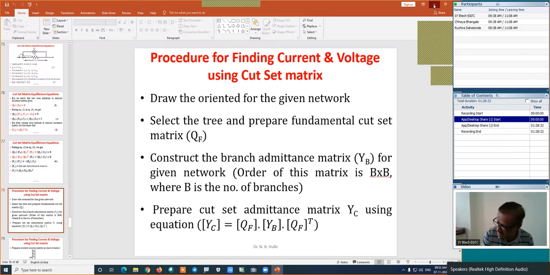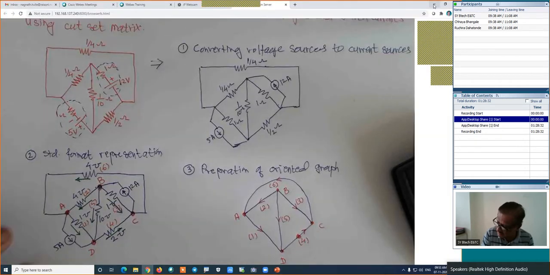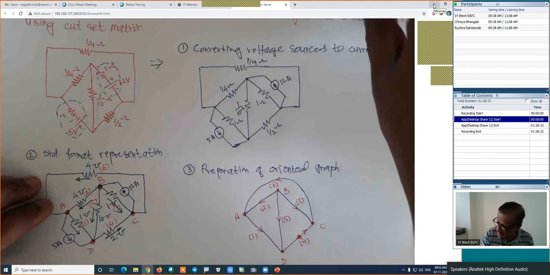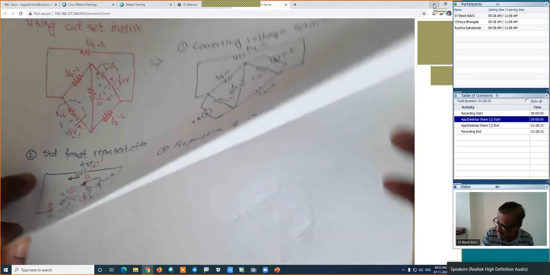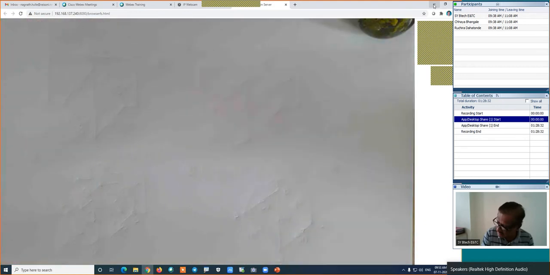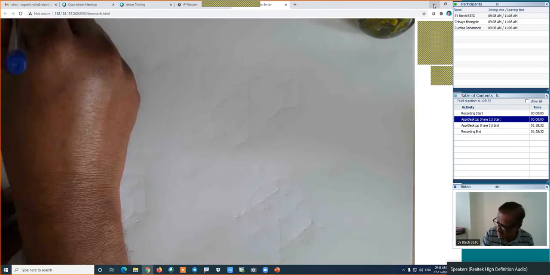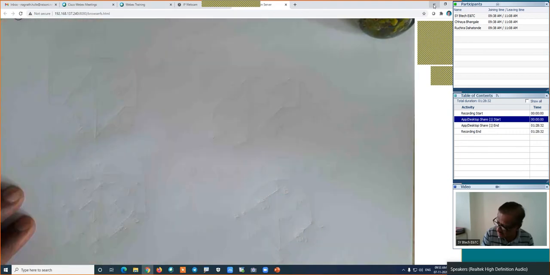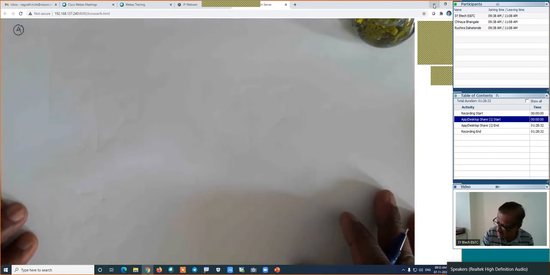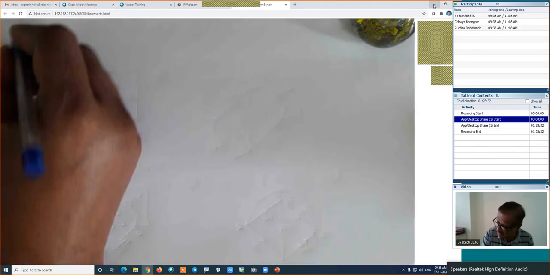Now here in this particular case, the next step is step number 4, which I will discuss here. Look at what step number 4 is. Step number 4 is selection of the tree. First, select the tree and prepare its cut sets.